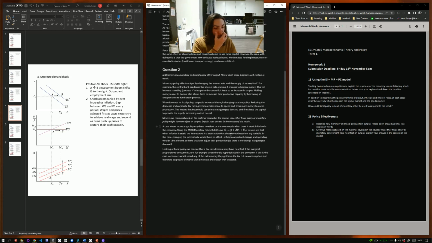When inflation is static, and we can see this in the examples in week 5, expectations and effectiveness of policy, basically inflation has a mean of 0, so its expected rate is 0.